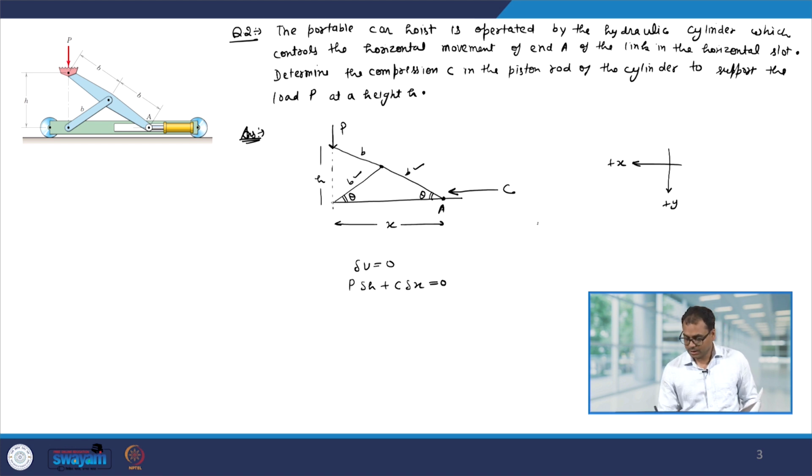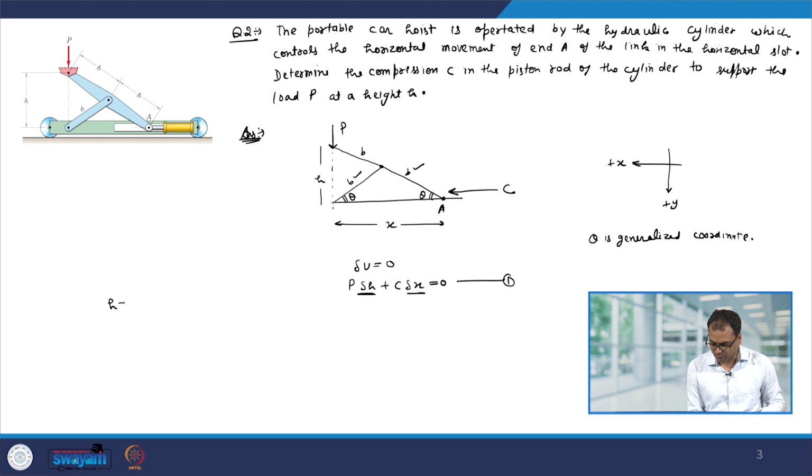Since theta is the natural choice and it is the generalized coordinate, we have to write down this delta h and delta x in terms of theta. So, let us see how h and theta are related.